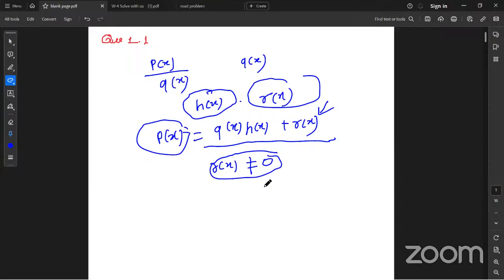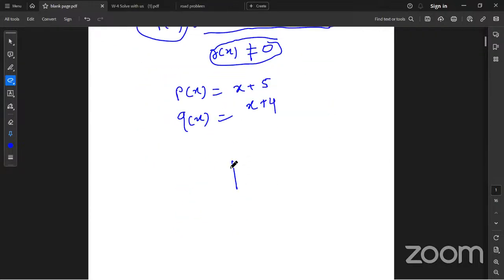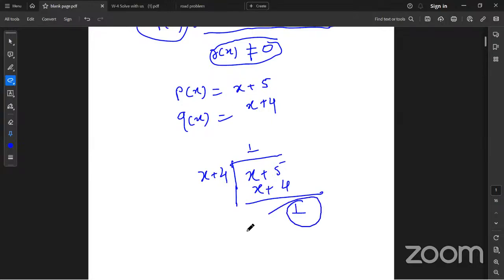Just like suppose you have p(x) equals x plus 5, and you have q(x) equals x plus 4. Whenever you divide x plus 5 by x plus 4, you get 1 times x plus 4, and the remainder will be 1.